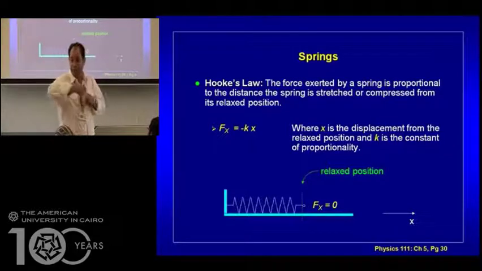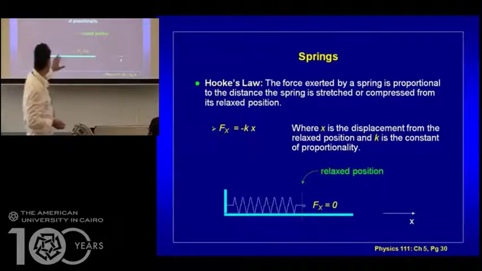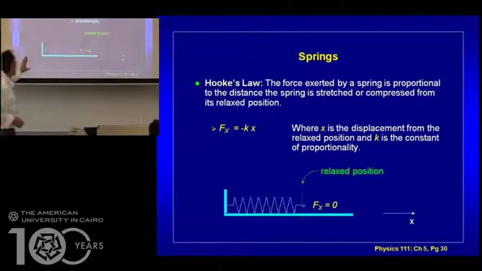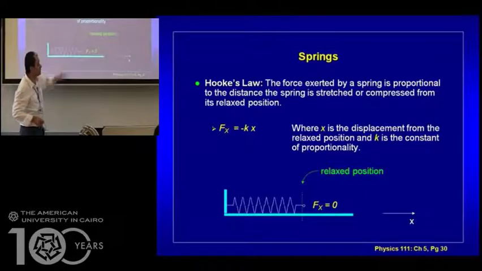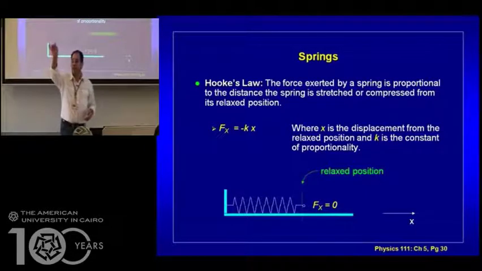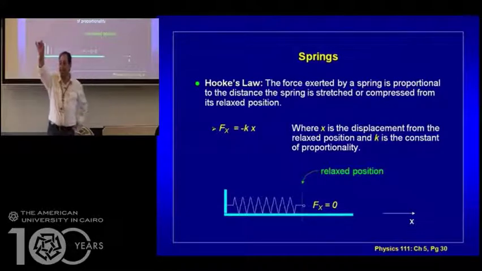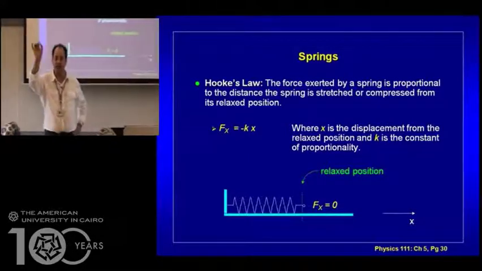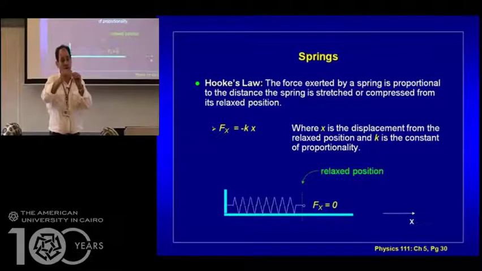So if you have a spring, it will have an unstretched length. The length of that spring I'm going to call x, and this is its unstretched length. If you apply force on it, it gets longer.